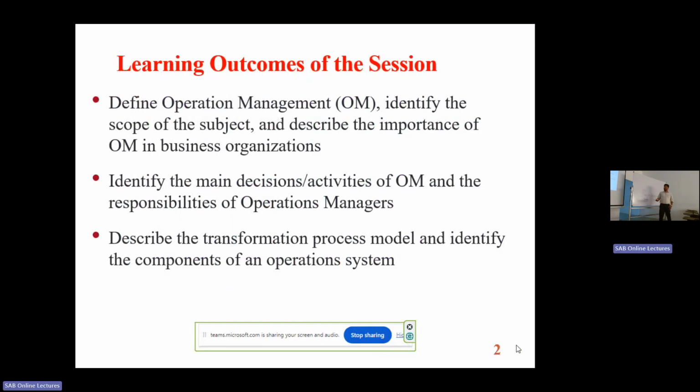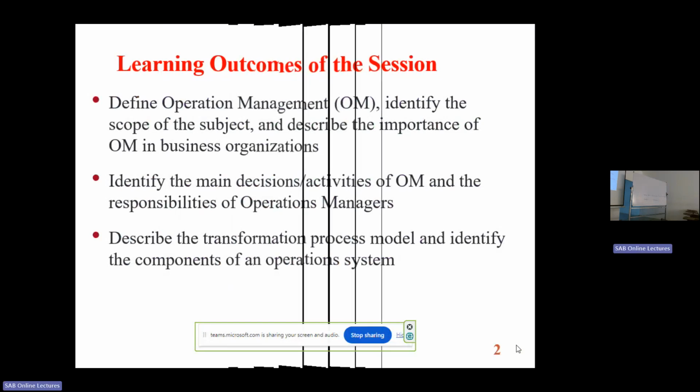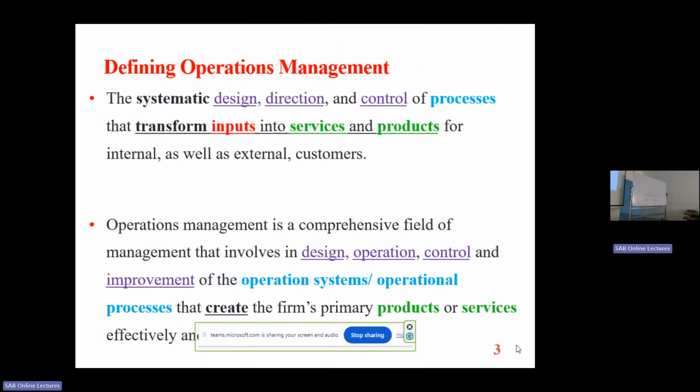With that brief introduction, we can move to our subject and try to understand what operations management is all about. By the way, I don't think this term is new to you, because we use this term operations everywhere, isn't so?